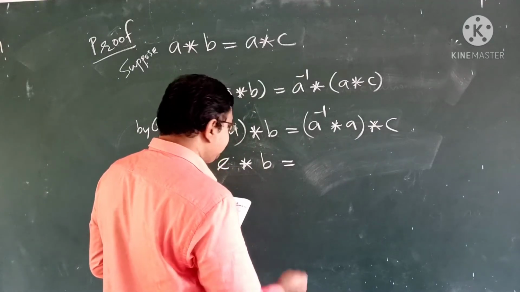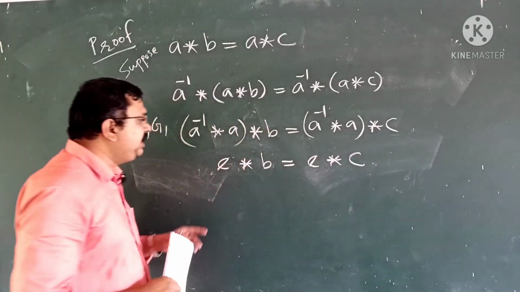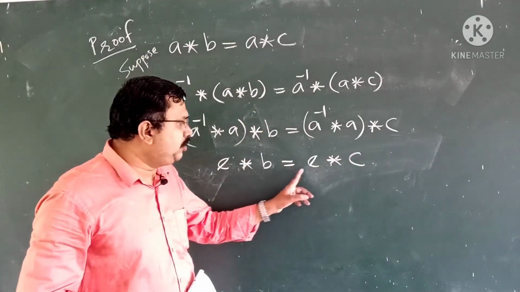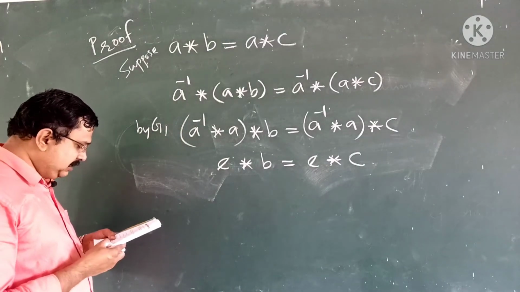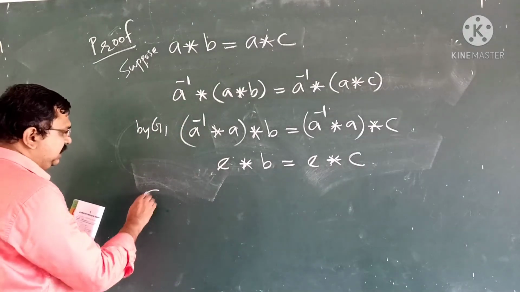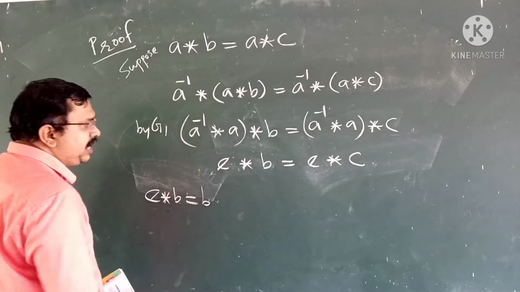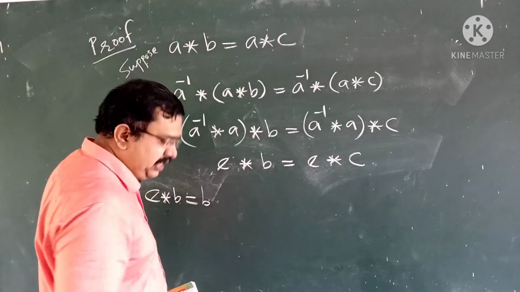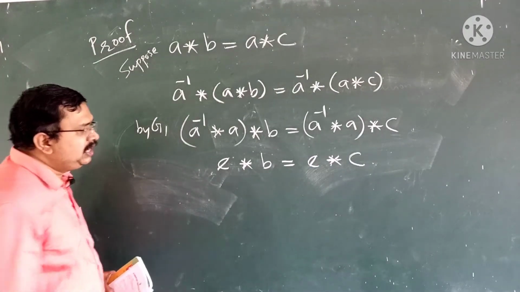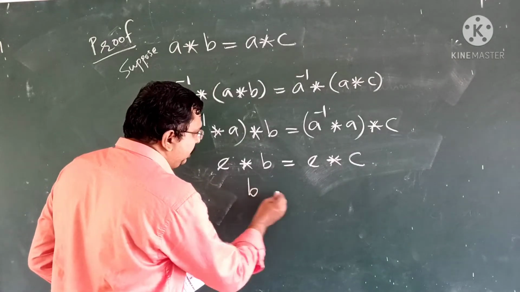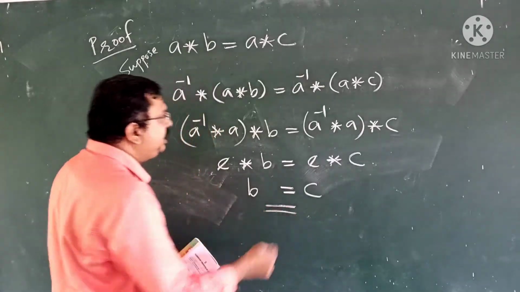That is E star C. We get E star B equal to E star C. Hence we know that E star B is B and E star C is C. Therefore, E star B equal to B equal to E star C equal to C. Okay, B equal to C.